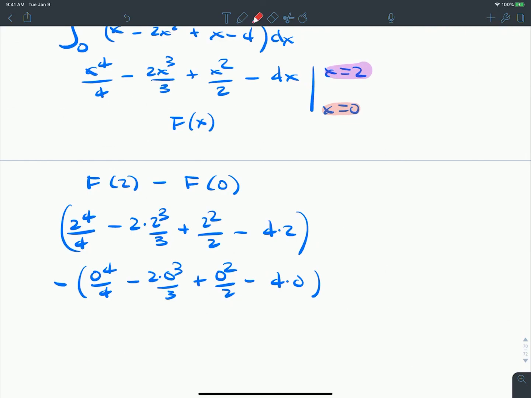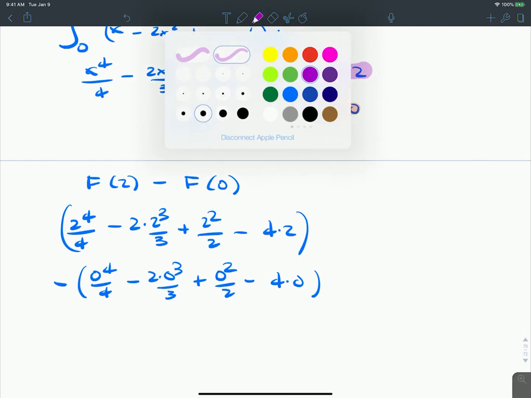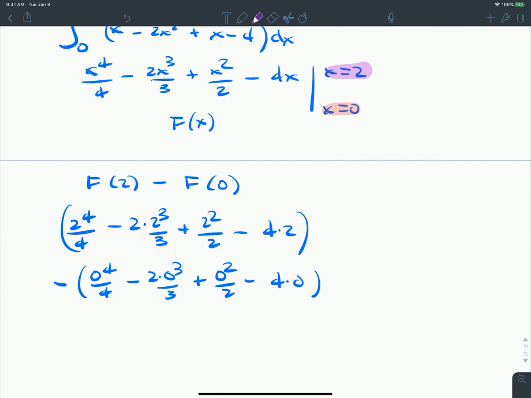So again here, upper limit value, I think it's this purple here, was 2 that we plugged in. Okay, there's the 2. And let's double check the lower limit value, 0, 0, 0, and 0.